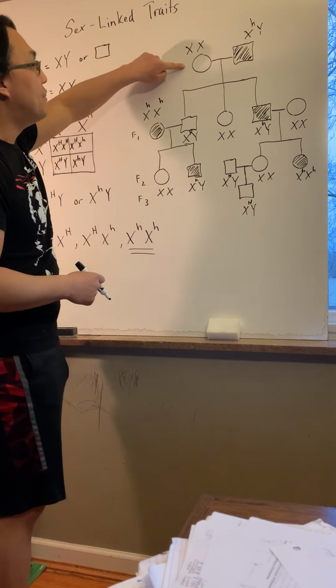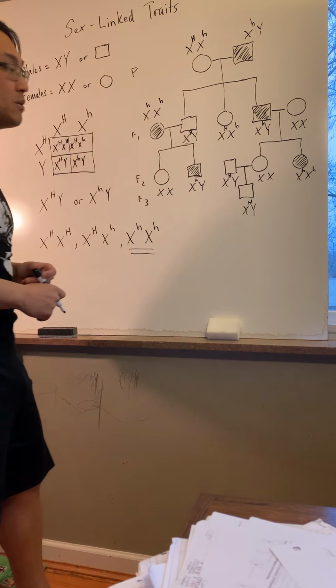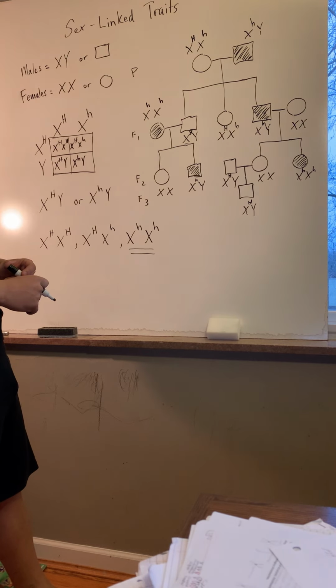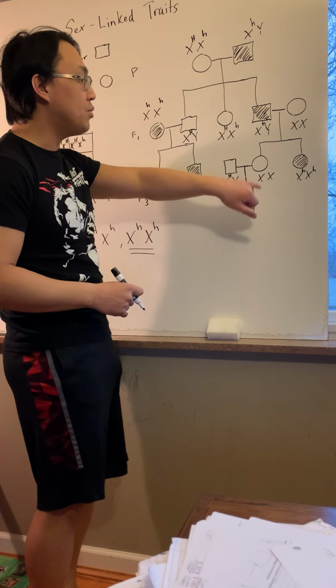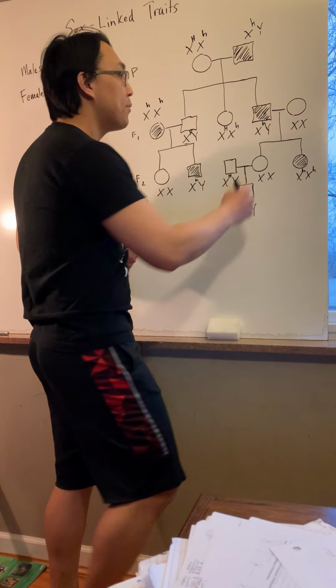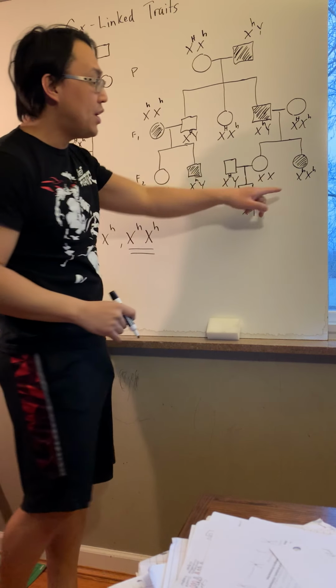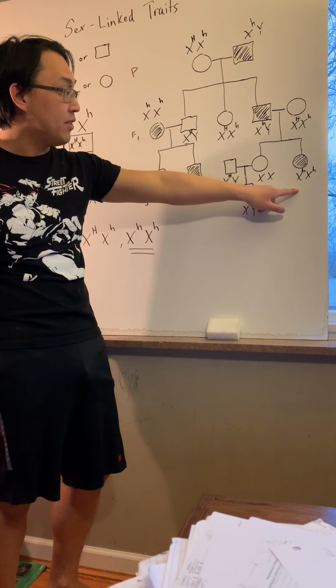This individual has to be heterozygous, and the reason why is because the father has to give an X little h. This individual doesn't have hemophilia, so the other allele must be a big H. Now, we also know this individual here has to be heterozygous because they have a daughter that has hemophilia.